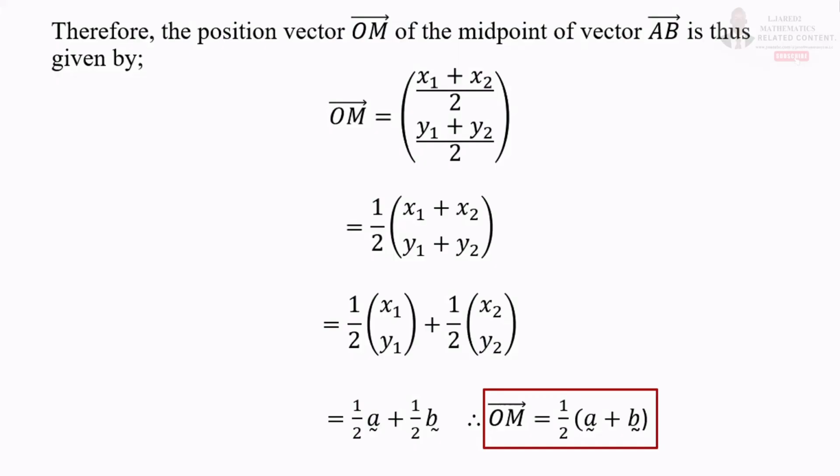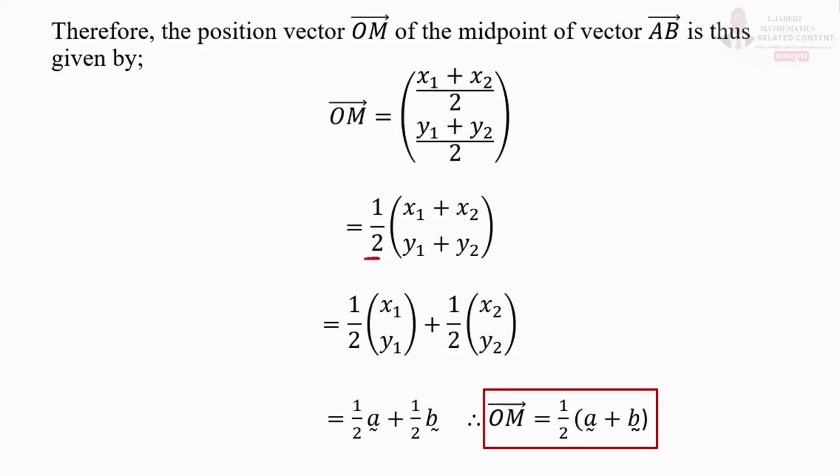Then we separate each one of them. We are having a half multiplied by x1, y1, plus still a half multiplied by x2, y2. So here we have distributed this half to the whole of this alone, and still plus, since the plus is the same, a half multiplied by the whole of this, such that at the end we are having the expression as this.